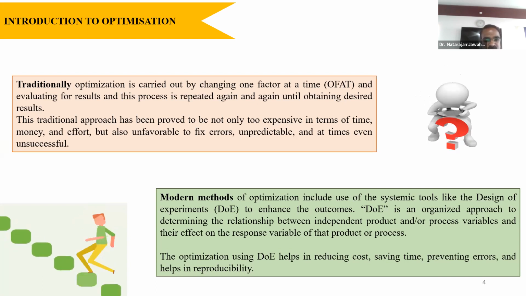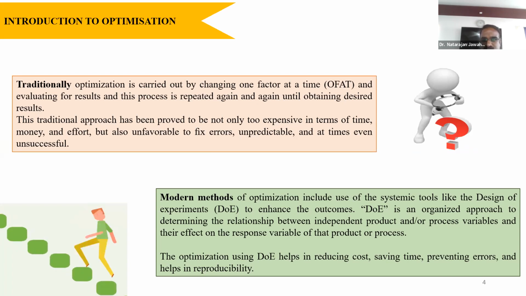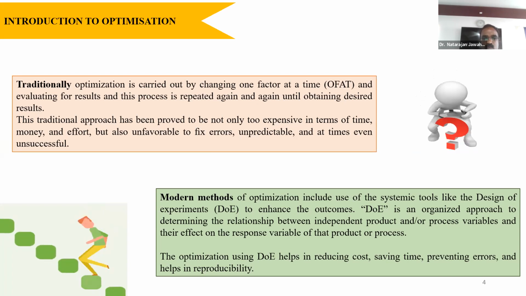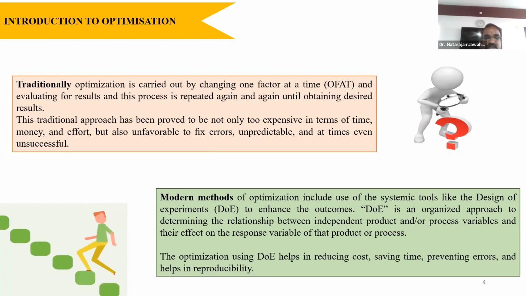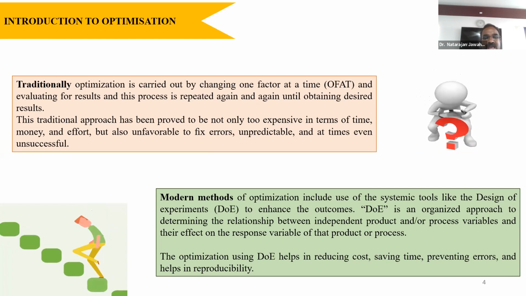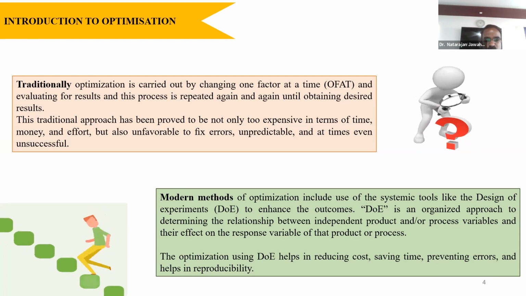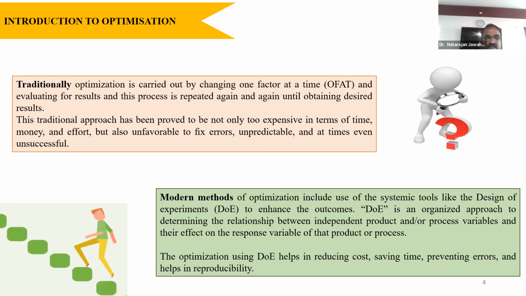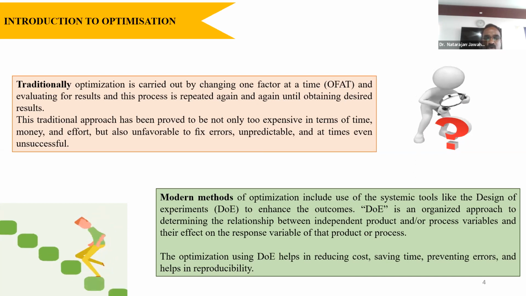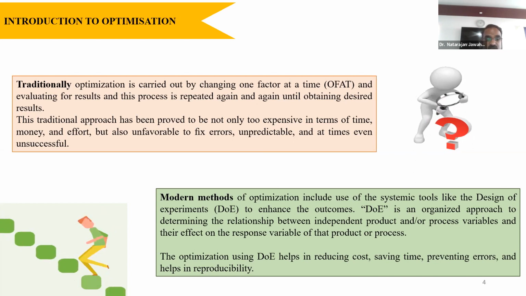Coming to the modern methods of optimization, which include the use of a systematic tool like design of experiment in order to enhance the outcomes. So we should know what we mean by DOE. DOE is an organized approach to determine the relationship between independent product variables and their effects on the response variable of the product or process.